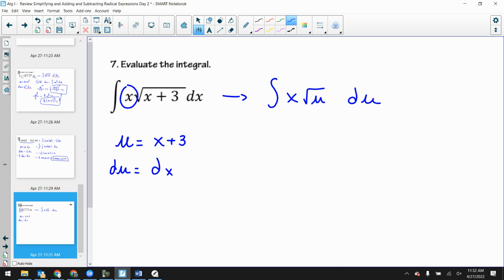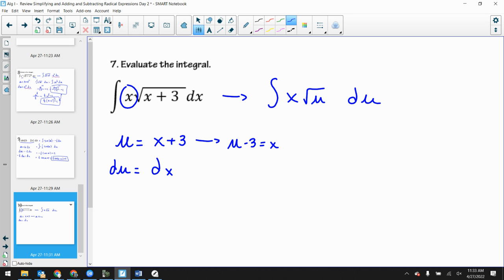So here's what I have to do. And we did this a couple of times in the notes, but this was not on your partner quiz. I have to take this piece in here and say, well, if u is x plus 3, let's find an equivalent statement for x. So u minus 3, just subtract over the 3, is x. u minus 3 is x.